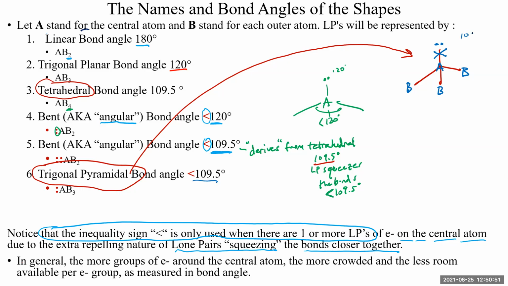Again, just like a tetrahedral shape has a 109.5 degree bond angle, but because this negative charge repels so much, it's going to squeeze these bonds together. And when it does, you get a bond angle that is something less than your starting point of 109.5, something less than the ideal angle of a tetrahedral.